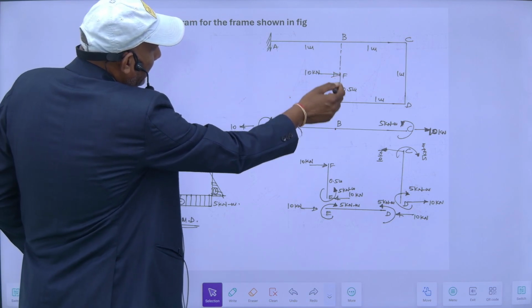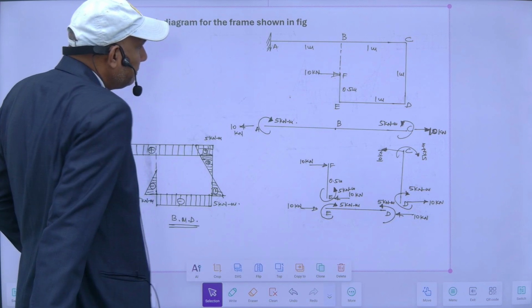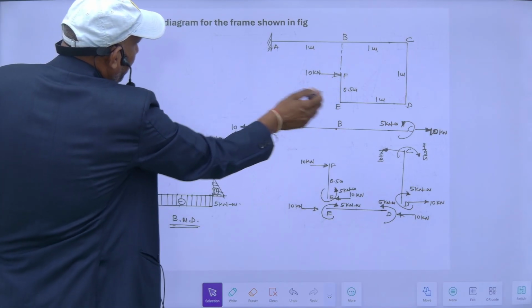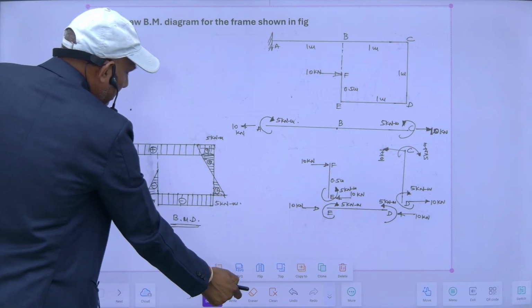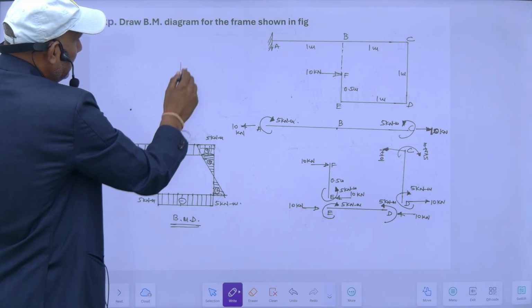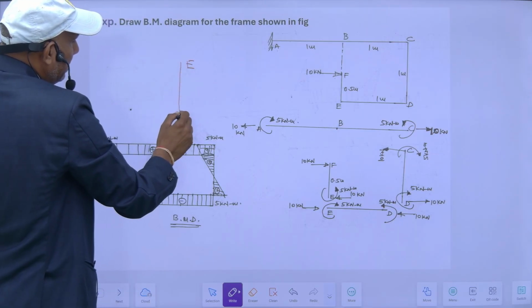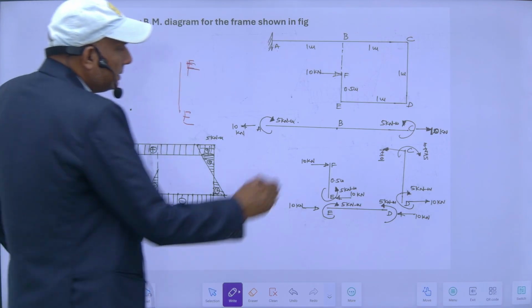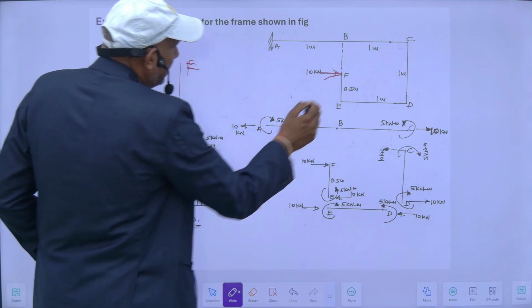Starting from here, it will be like this. For the EF portion, this is E and this is F. This horizontal load is acting towards the right side.